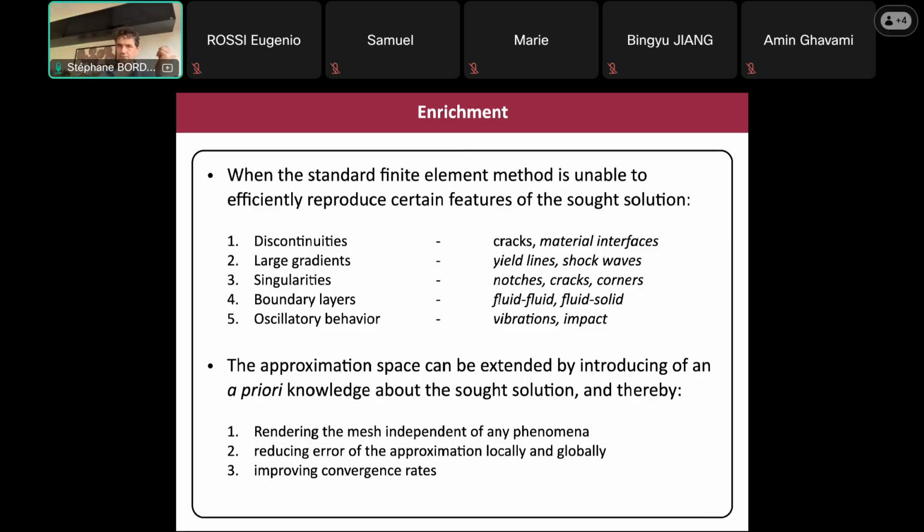What we want to do is solve problems where you have discontinuities, singularities, large gradients, boundary layers. Boundary layers, you know what that is. If you have a cylinder in a flow, for example, close to the wall, you will have very large values and functions that go to infinity. So that is something which is akin to what happens in singular cases.